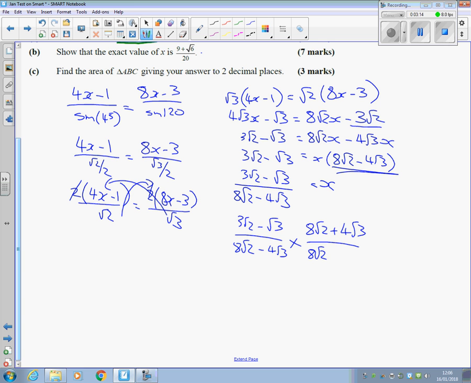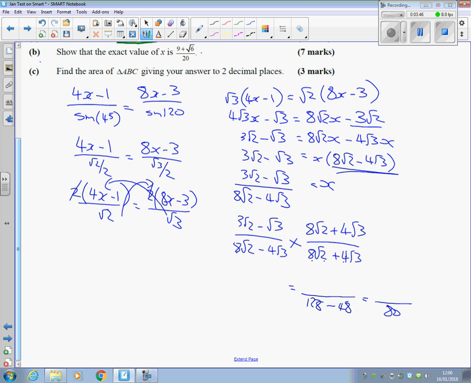You can work all of those bits out, but I'll just show you that the bottom here is going to be 8 times 8 is 64, times 2 is 128, and here I've got 16 times 3 is 48. So my denominator works out to be 80, doesn't it? And the top of mine ends up having a factor of 4 as well, and it works all the way down to get the answer you're looking for.